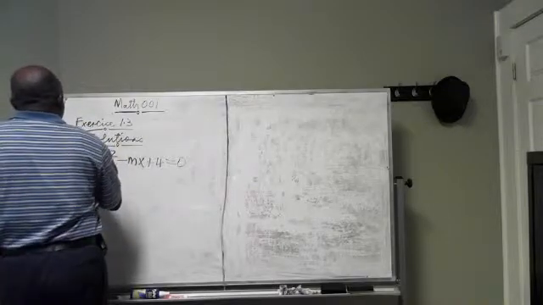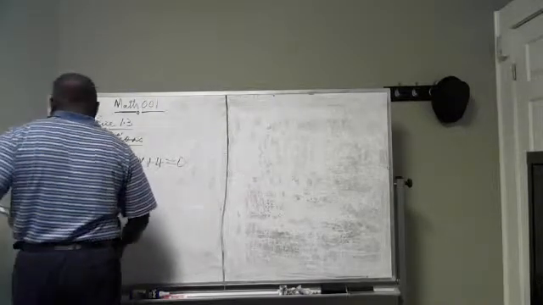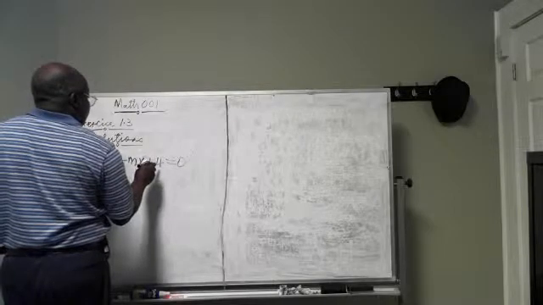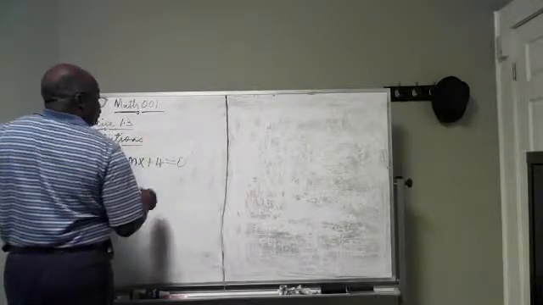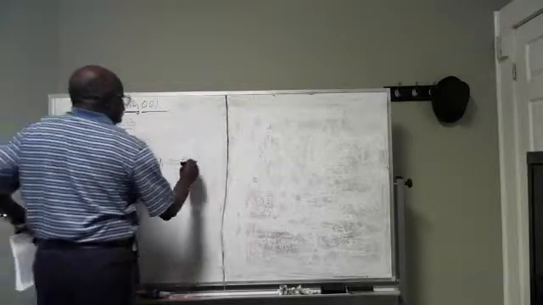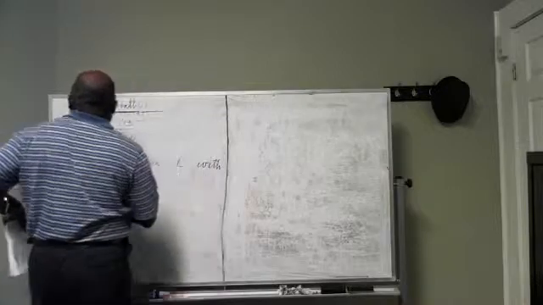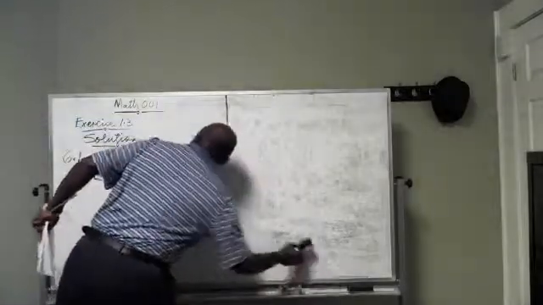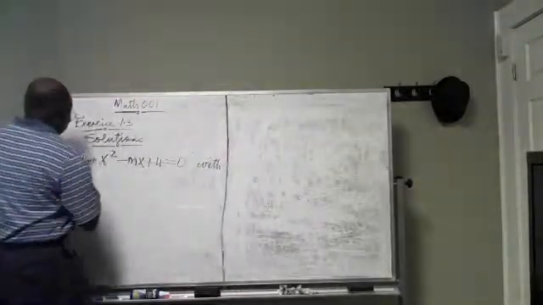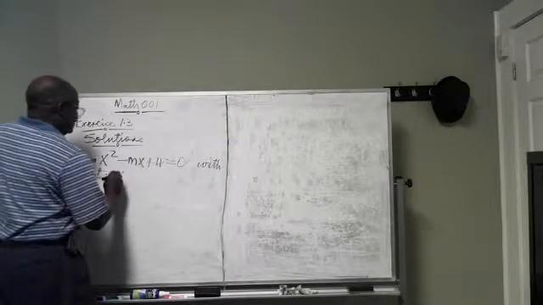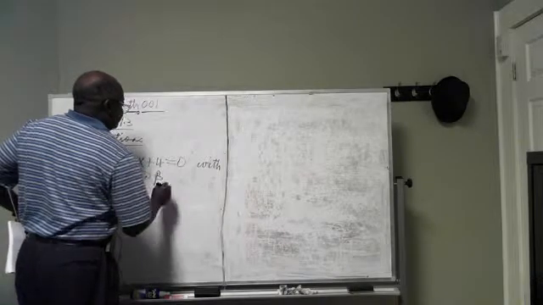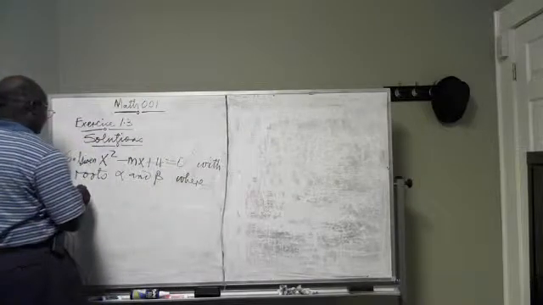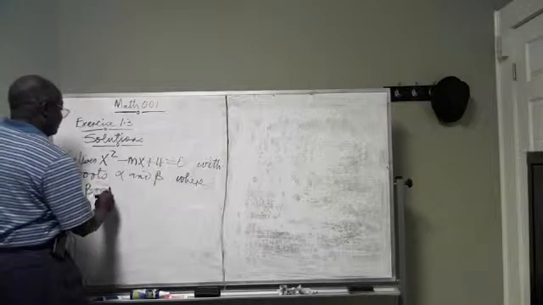So given the equation x squared minus mx plus 4 equals 0 with roots alpha and beta, where beta equals alpha plus 2.